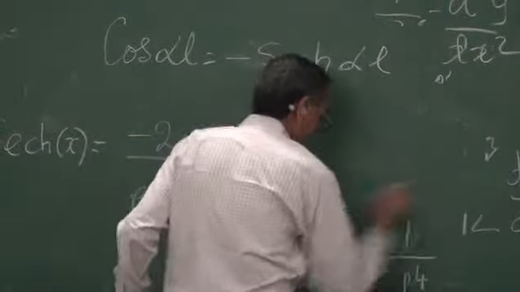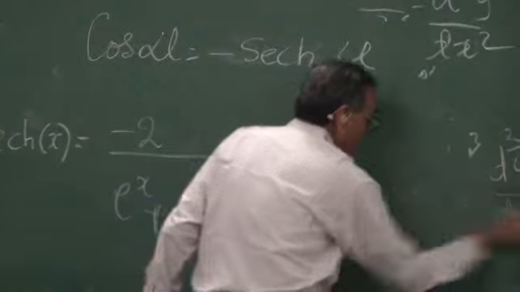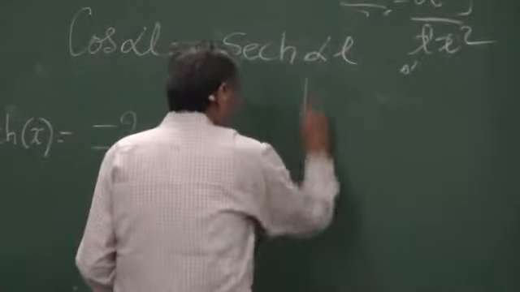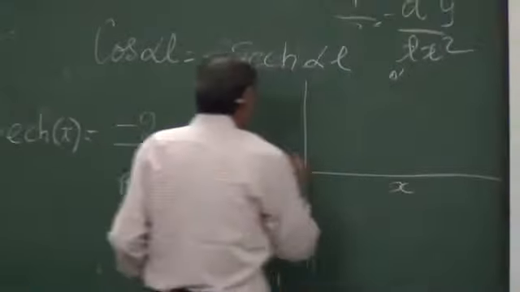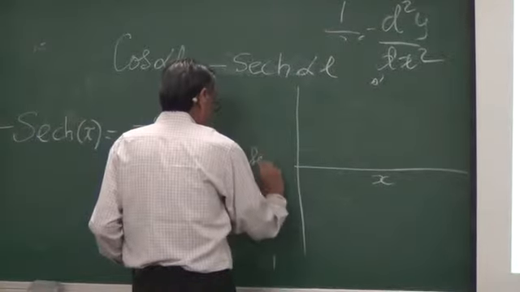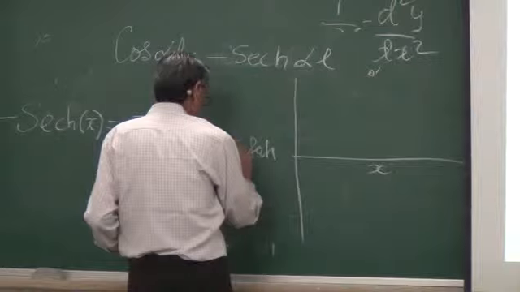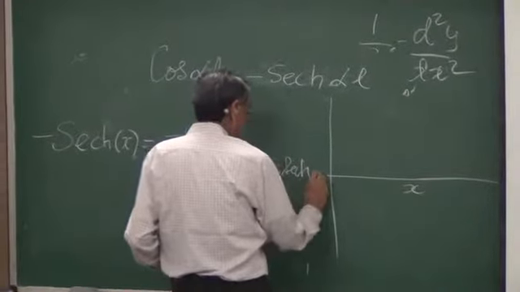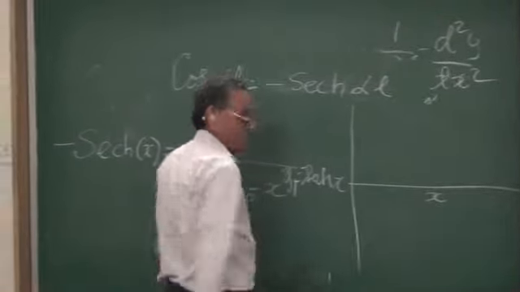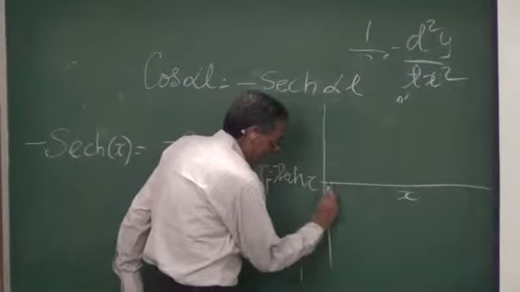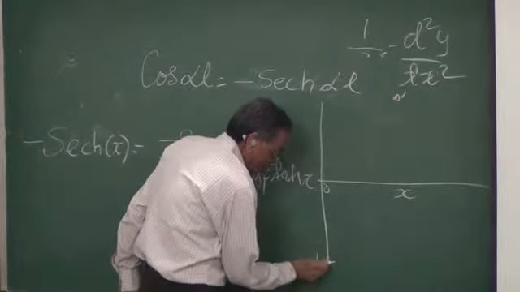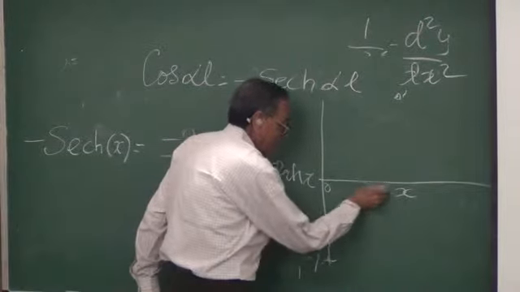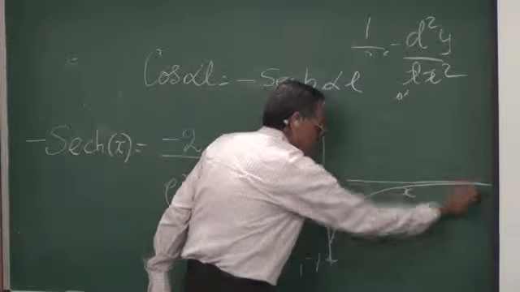So I draw a graph. I take y1 as minus sech x. It will start at minus 1 and then exponentially approach 0.